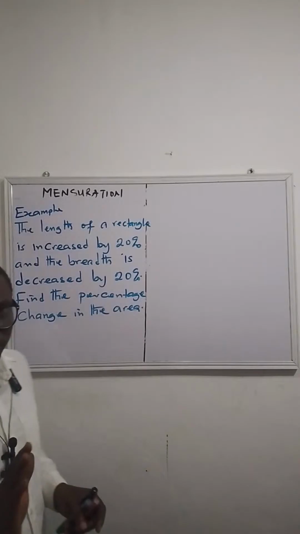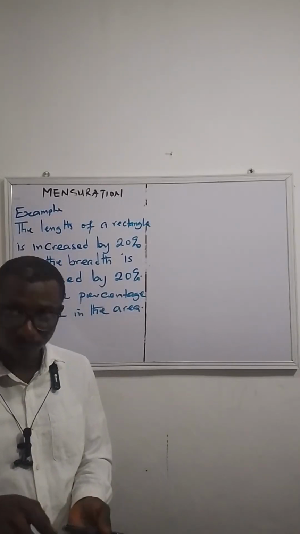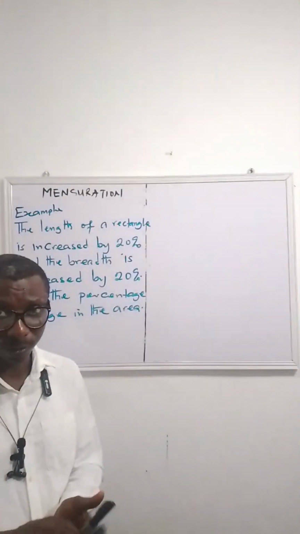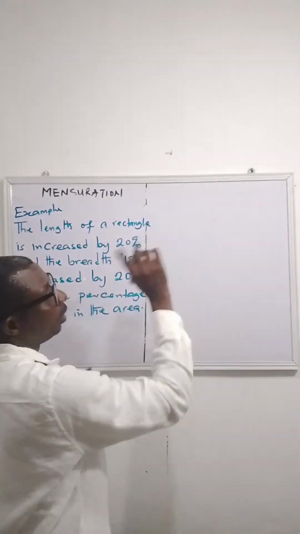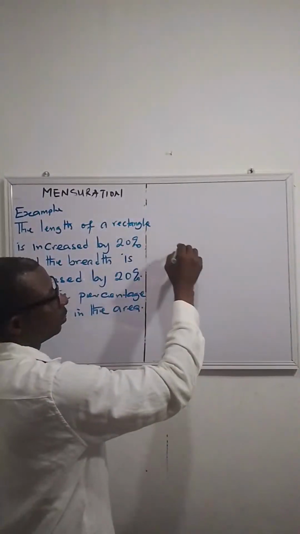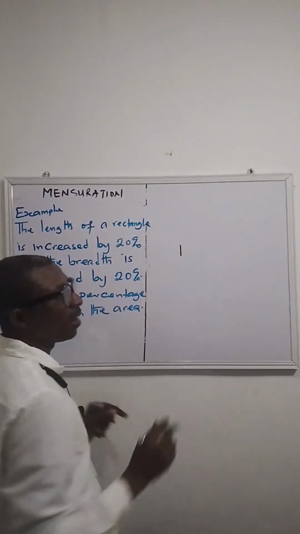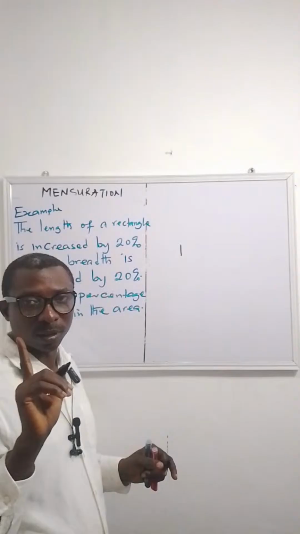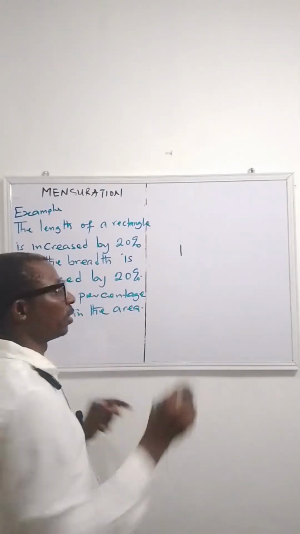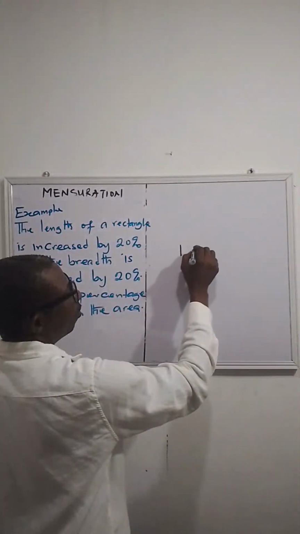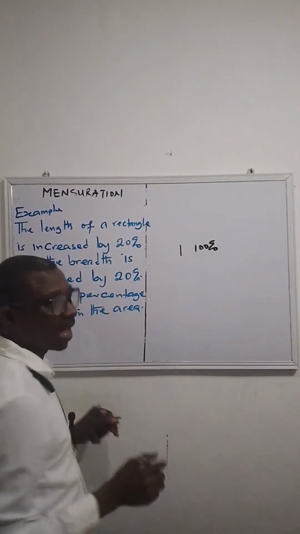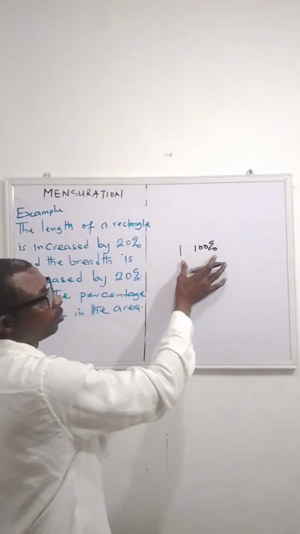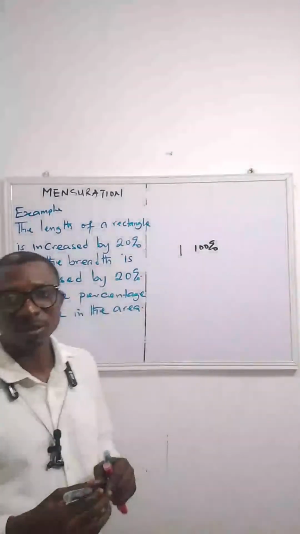Before I do this, I'm going to bring out this argument. If I say I have a loaf of bread, one loaf of bread, I have 100% of a loaf of bread. That means that I just have one.